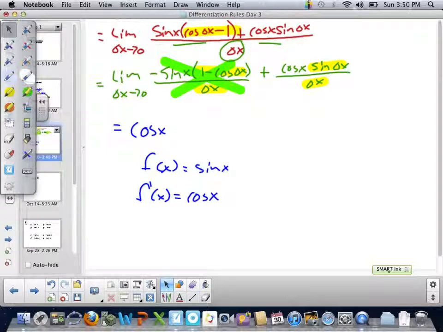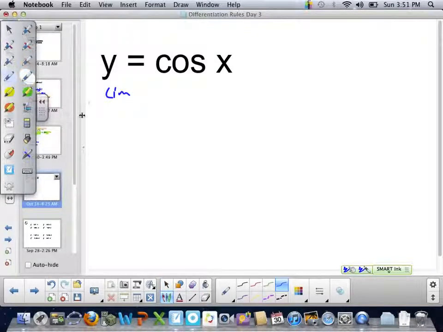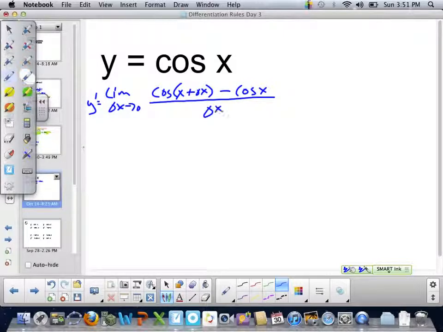Applying the same thing to cosine, applying our limit definition of the derivative, as delta x approaches 0, we have cosine of x plus delta x minus cosine of x all over delta x.